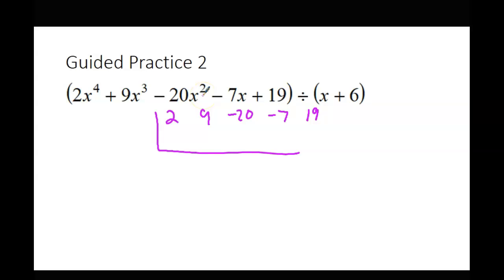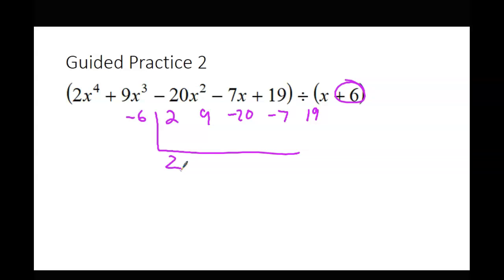All right. Next, I'm going to ask Carlos. What number goes out here? Very good. You remember, it's this number, but the opposite sign of that number. Okay? Let's continue. Isabella. What do I do first? Bring down the 2. Good.